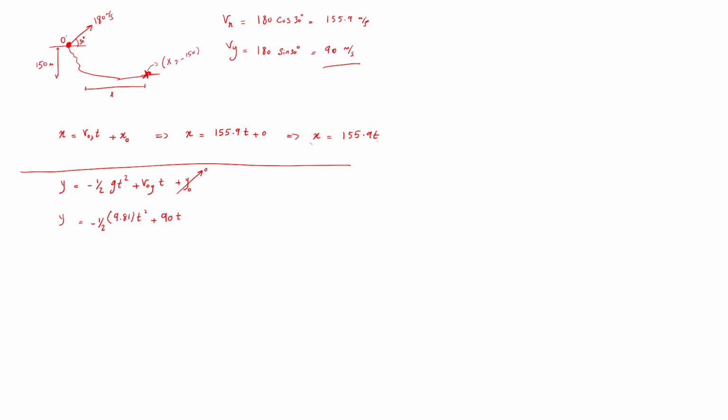At the origin point the coordinate of x and y is 0, 0. But in this condition, the coordinate of the projectile becomes x and minus 150. So we write minus 150 equals minus 1/2 times 9.81 t squared plus 90 t.